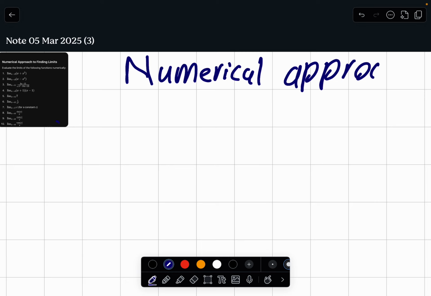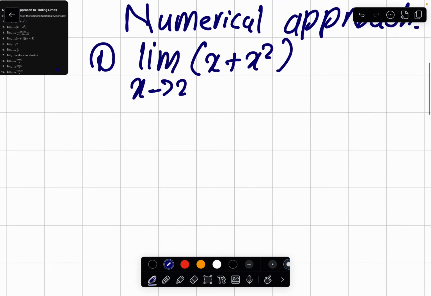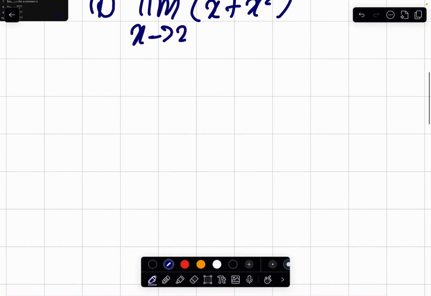The first question says: evaluate the limit as x approaches 2 of x plus x squared. So how can we evaluate that limit?